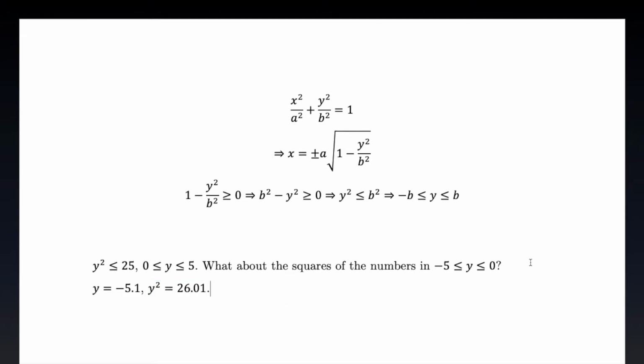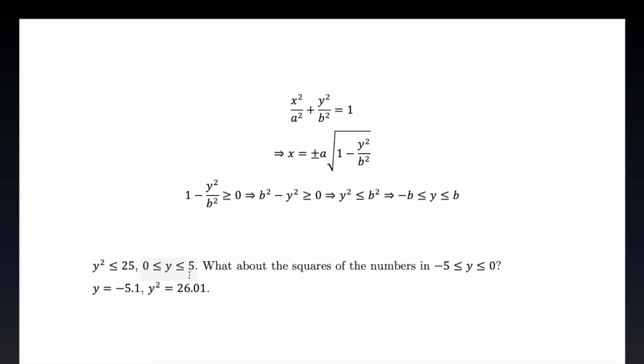So then y square does not remain less than 25. So you have to be within minus 5 to 0 in the negative half, and in the positive half you should be within 0 to 5.